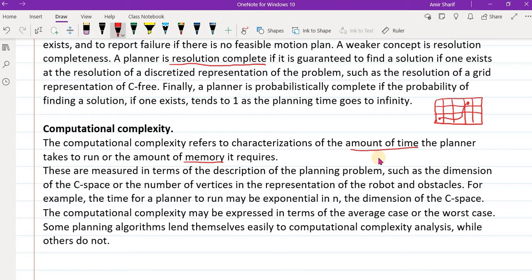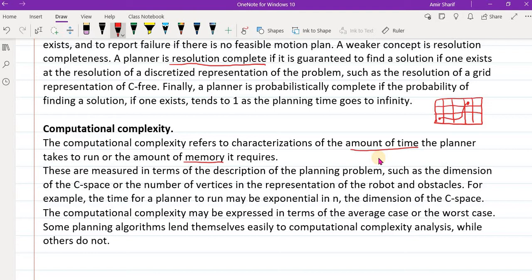Its complexity depends upon the dimension of the C-space we choose. Of course, if we have more joints, more dimensions of the C-space, more degrees of freedom, then it is going to be more complex.